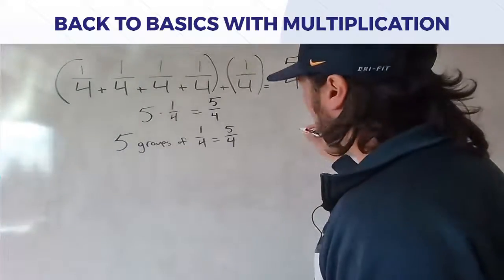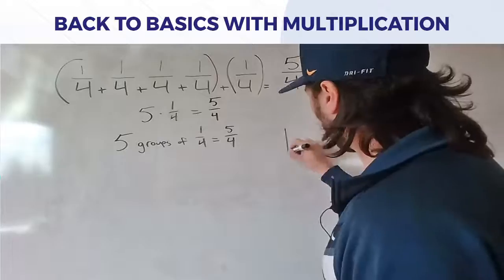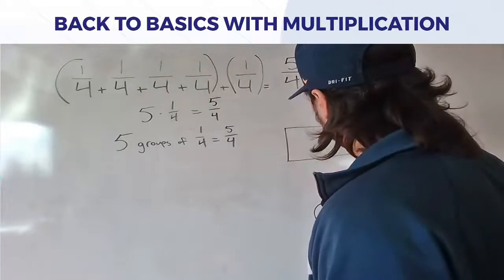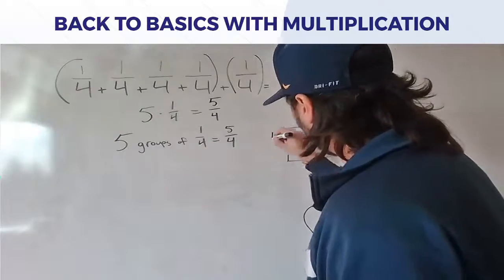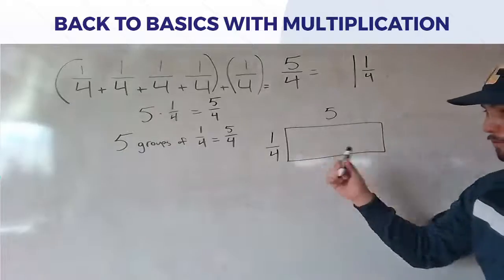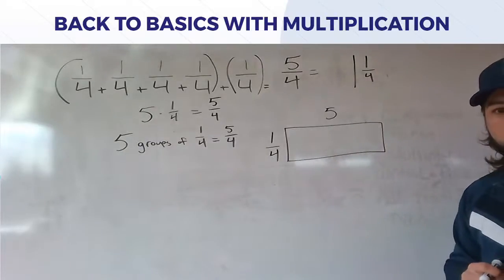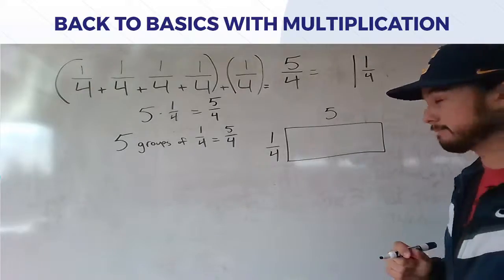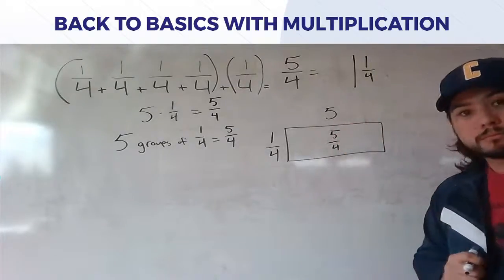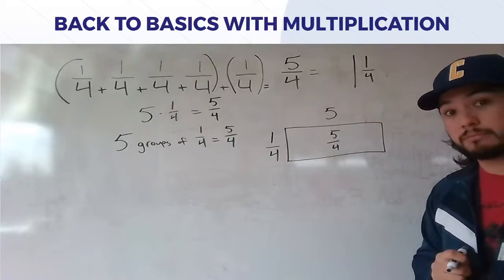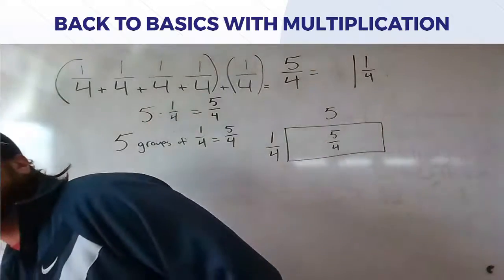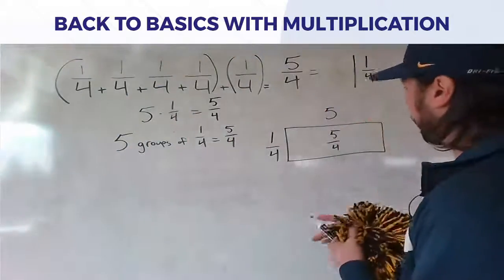If we have something like 5 times 1/4, couldn't we have a rectangle that is 5 units long and 1/4 of a unit wide with an area of 5/4? Certainly. And I can prove it. Indulge me for a second and let me prove it to you.